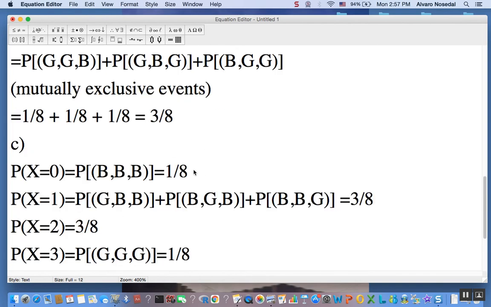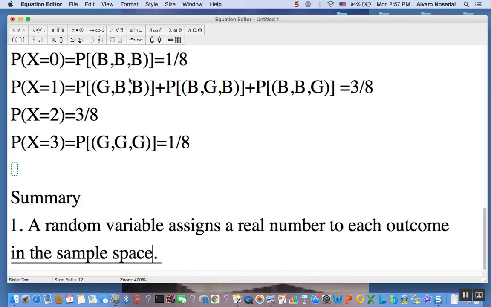Okay, we had 8 sequences, and then this random variable had a correspondence between the outcomes in the sample space and these numerical values. Okay?